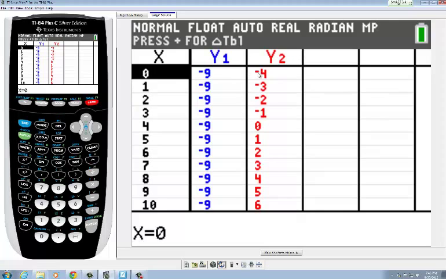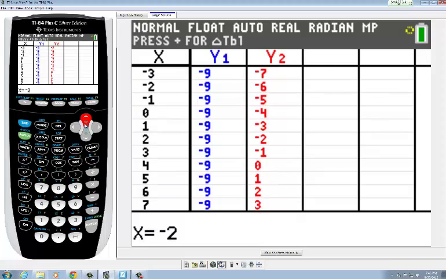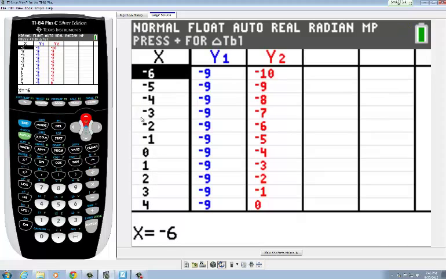Negative 9, negative 4, no. Negative 9, negative 2, no. Since we kind of know that it's going to be negative 5, and we're hoping that it's negative 5, we're going to scroll up. And yes, it is. When x is equal to negative 5, y1 and y2 are both equal to negative 9. Since y1 and y2 are both equal, negative 5 is our answer.